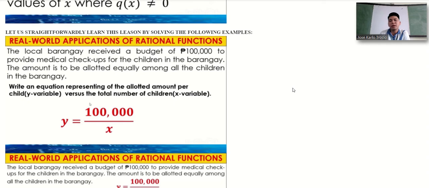In this example, you have a budget of 100,000 pesos, and you are just going to divide 100,000 pesos by the number of children to be sponsored for the medical checkups. So this is now very simple: 100,000 divided by x.